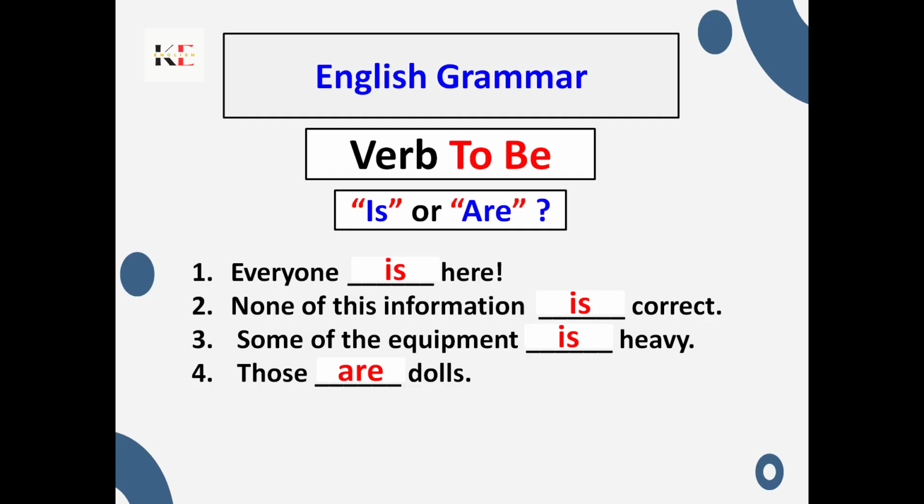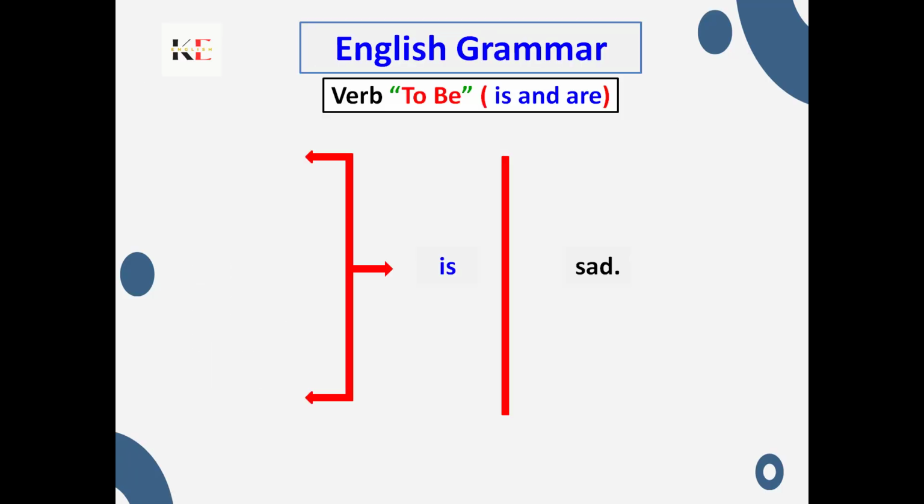You will never make mistakes in the selection of is or are. I'll tell you later why we use is in the first three blanks and are in the last one. So let's move on for further explanation.